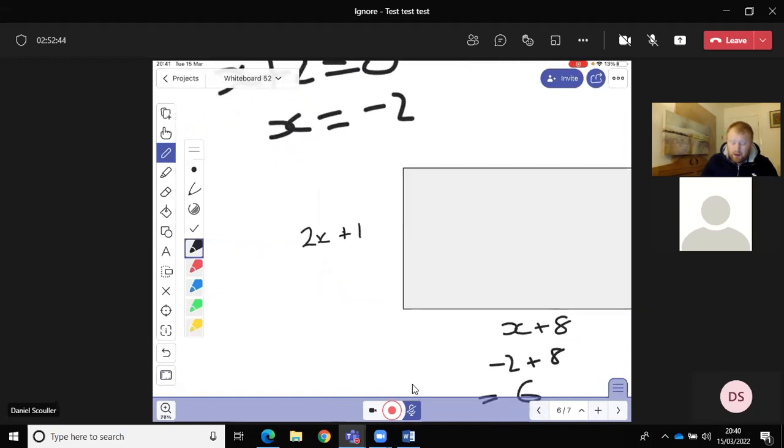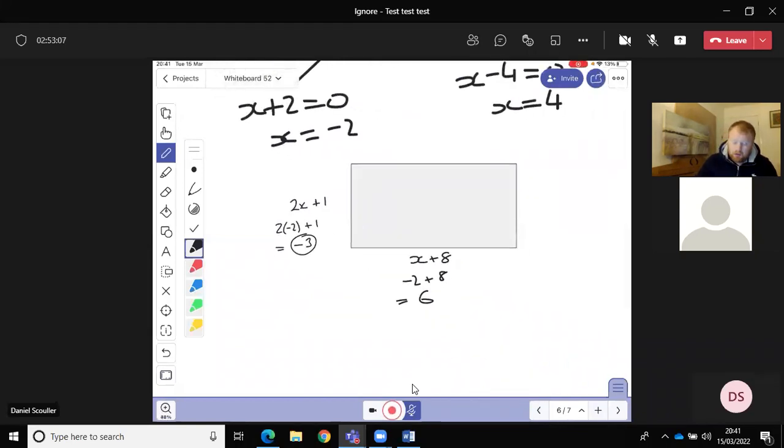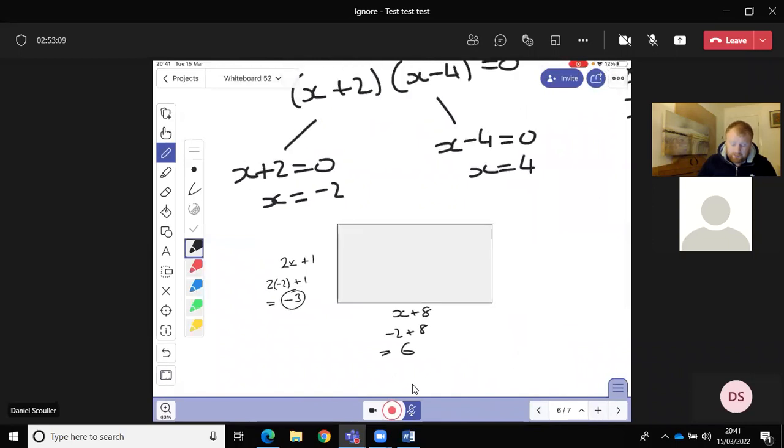But if we put it into this one, we'd end up with a negative number. You can't get a length that's a negative. So we can't say that that side is a negative. So that solution doesn't work. So the solution for this question must be that x equals 4.